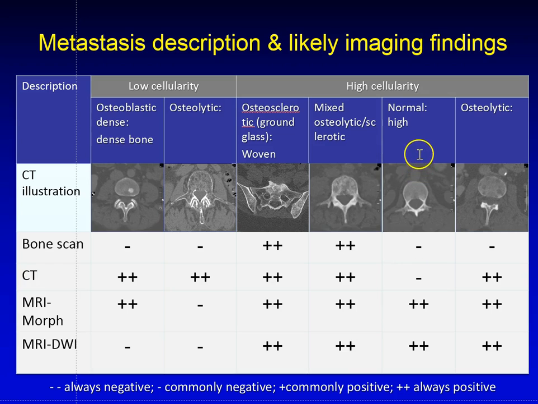And again, you can see that depending on the sclerosis, the CT scan and the bone scan may not be positive. So here, for example, and I'll show you this particular patient in a second, you'll see multiple osteolytic lesions, negative on the bone scan, but obviously positive on the CT scans, and because of the higher cellularity, visible on the morphological MRI and on the diffusion imaging also.